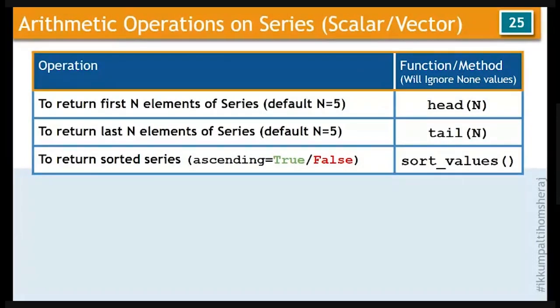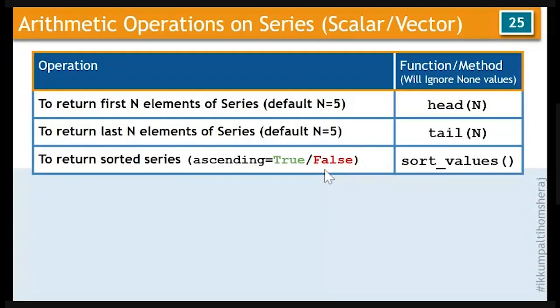If you write along with head, if you specify 2, then the top 2 rows will be displayed. If you write tail 2 as the parameter, in that case, the last 2 rows will be displayed. Now, if you want the sorted series, in that case, you will be making use of sort underscore values. And if you want it to be in descending order, then you will be writing ascending is equal to false.